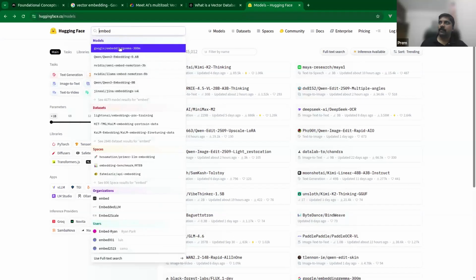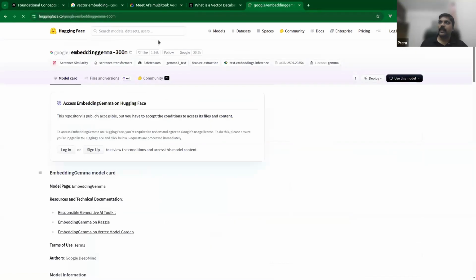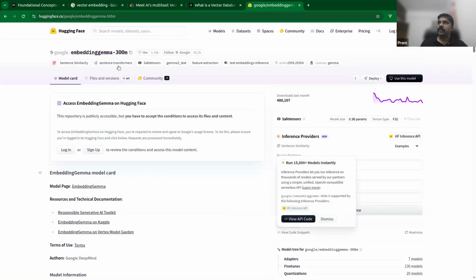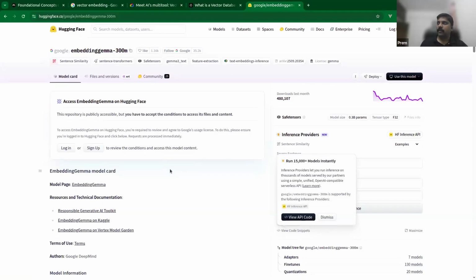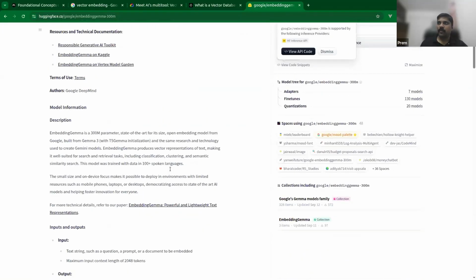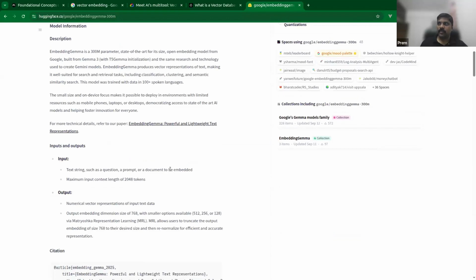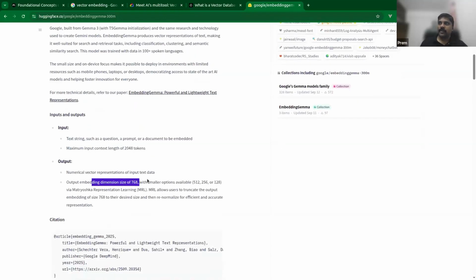Google has an embedding Gemma model. Here you can see what dimension it is going to give and so on. The dimension size is 768, and smaller options are available. There are many different options available.